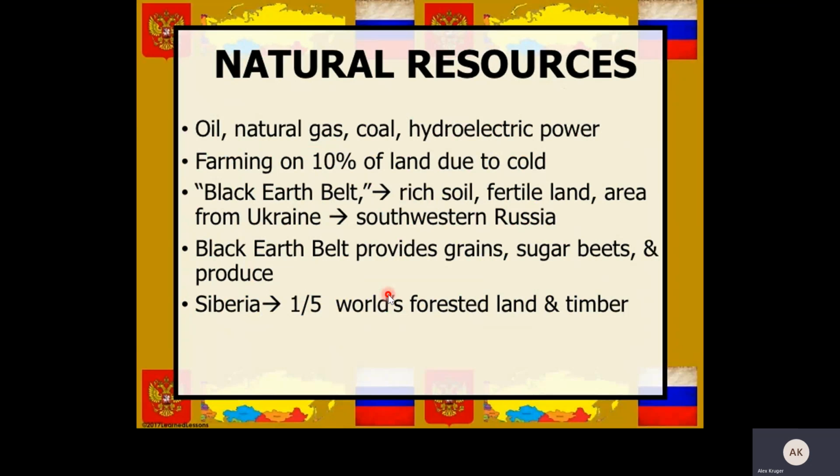So some of the natural resources that Russia has: it's got a lot of oil and natural gas, coal, and hydroelectric power. So it's a really big energy provider. Most of Europe, most of Eastern Europe especially, relies on Russia to receive energy.